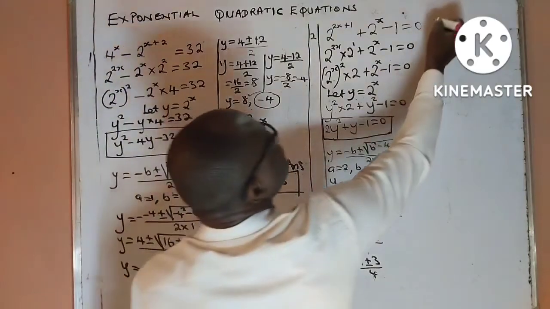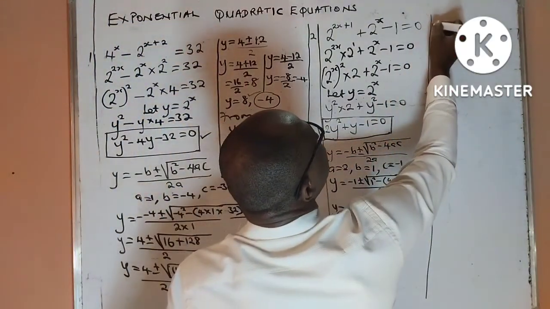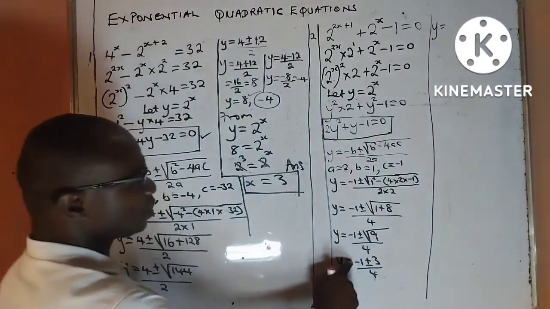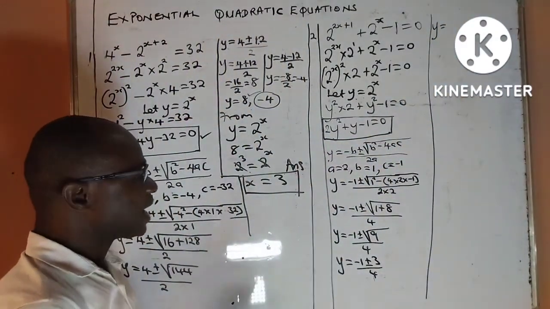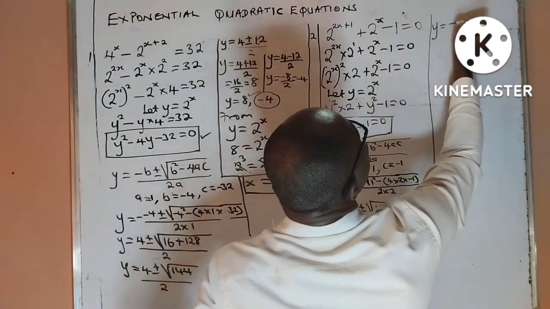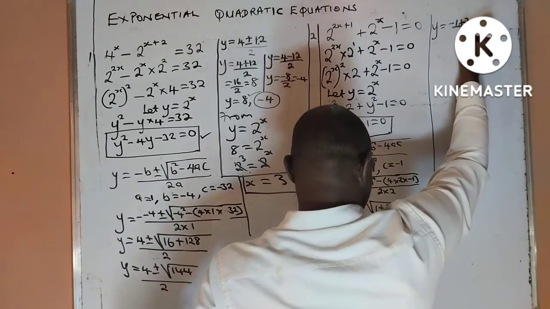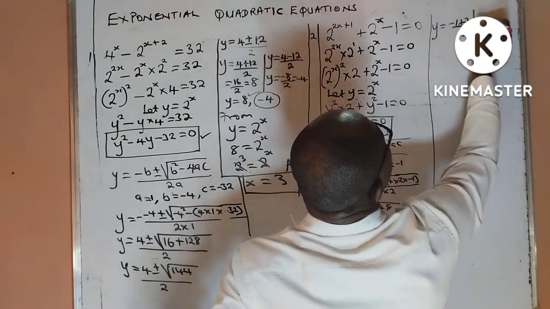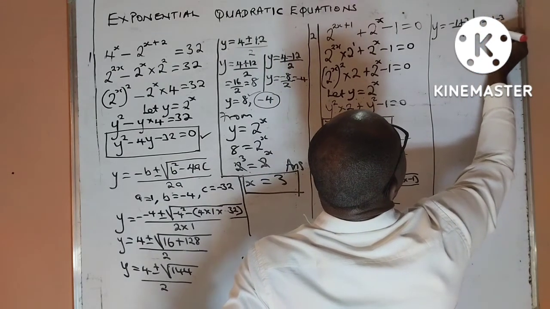Alright, so let's now get the actual value of y. I will take plus and get the value of y for plus, and I will take the negative sign since I have plus or minus. So I will now have y equal to minus 1 plus 3 over 4, or y equal to minus 1 minus 3 over 4.